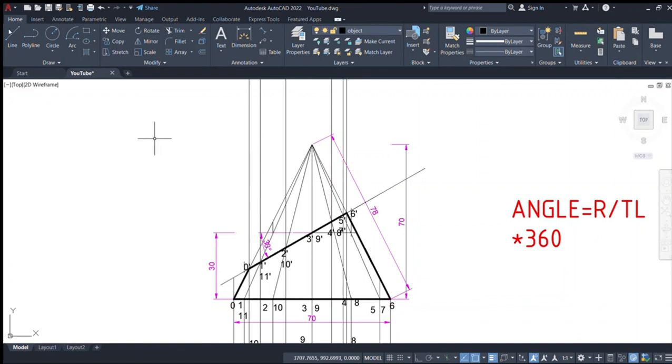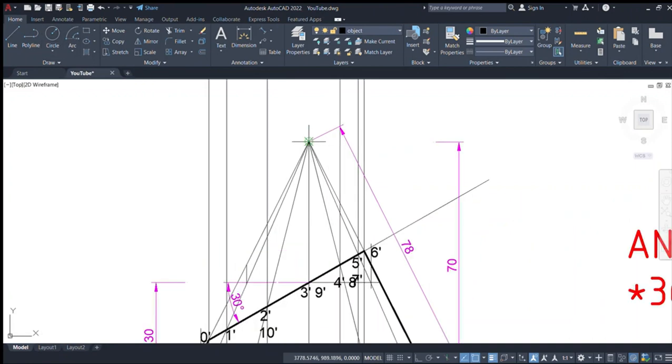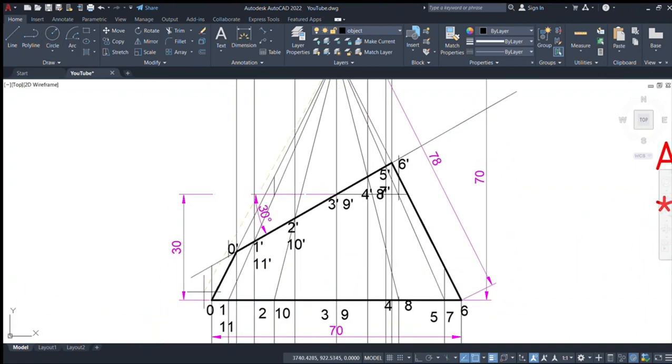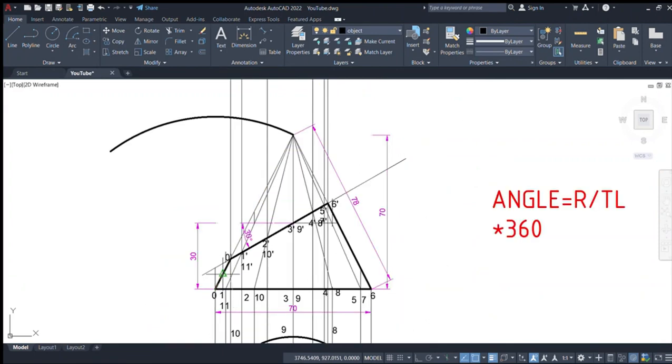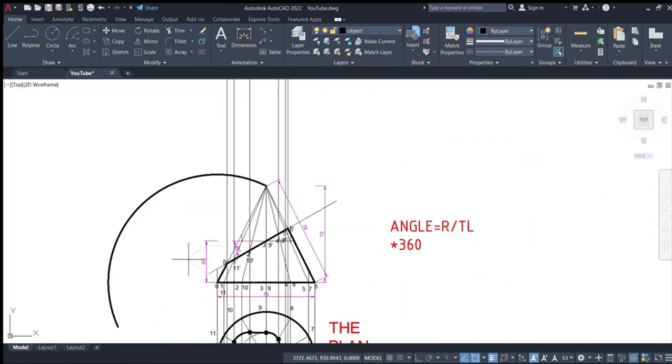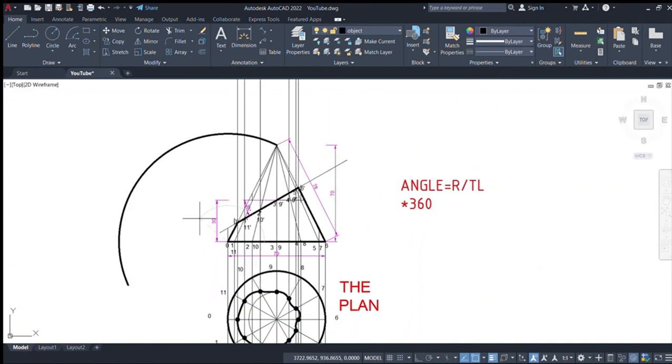So just a moment, remove this. So the angle is 161.5 degrees.